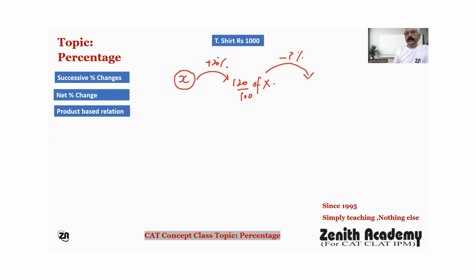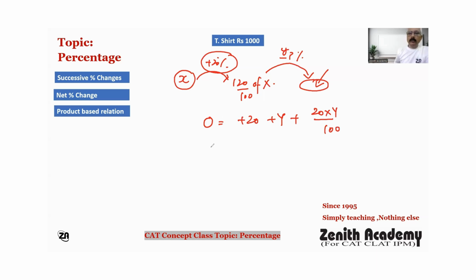Okay, so for this you can use the formula. You want to reach back to the original value. So first a 20% increase, and you want to reach the final original value, means net percentage change is zero. X is plus 20, Y you want to calculate, and 20 into Y by 100.